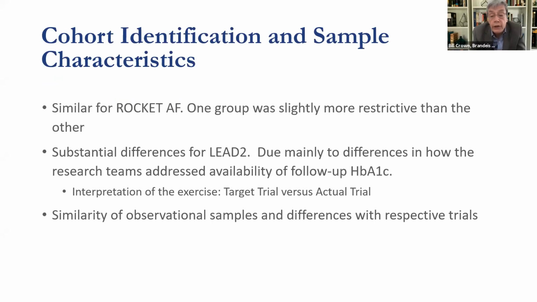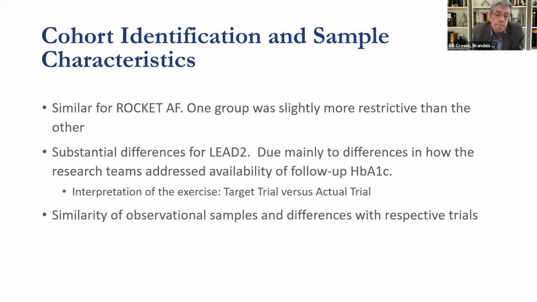So I'm going to give you only high-level results from Operand. We're just about to submit the findings for peer review, but I want to highlight a couple of major things.